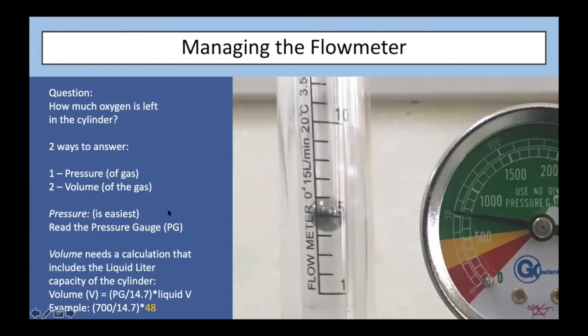So now the really important question for you, the end user, and if you're not the end user, for those end users who are working for you as leaders in the hospital, how much oxygen is left in the cylinder? This is important because we don't want to run out of oxygen in the cylinder.